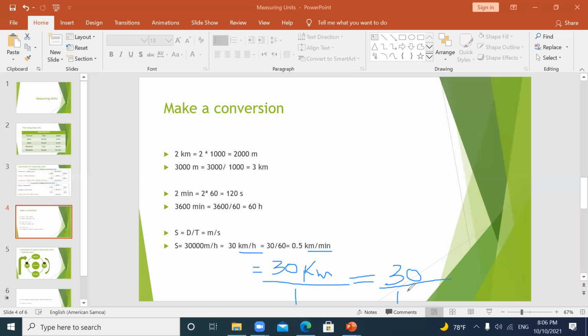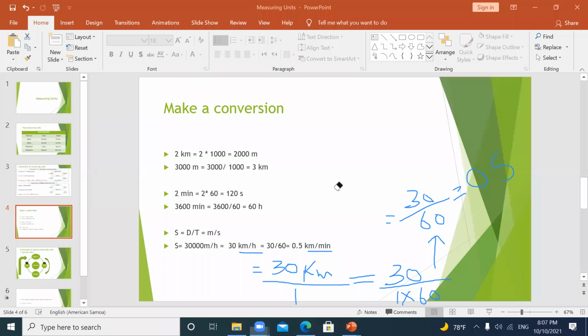But 1 hour now I need to convert it to minutes, so I will multiply it by 60. So it will equal 30 divided by 60 equals 0.5. 0.5 kilometer per minute. Okay, very good.